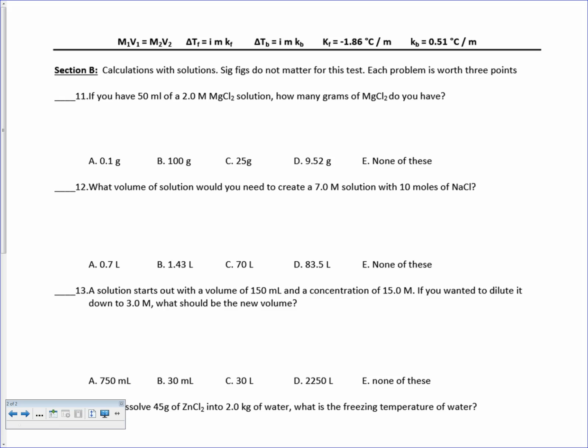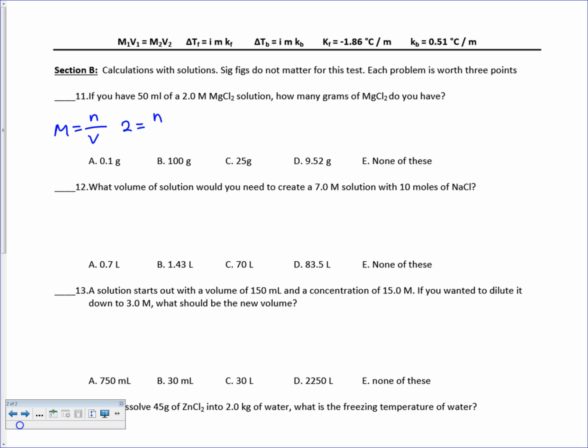So for this one, the first thing that we're going to take advantage of is this equation: molarity equals the number of moles of solute over the liters of solution. Now, it's important that you remember that this V has to be in liters if you're using this equation. So I gave you the volume in milliliters, so you got to be careful about that. The molarity is 2.